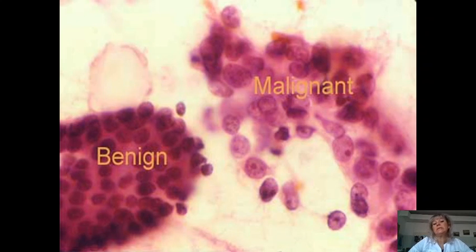In this photo you can see a scheme of benign and malignant tumors. Benign, with similar cells and clear borders. Malignant, with different cells, multinuclear, hyperchromatic, and infiltrative growth.